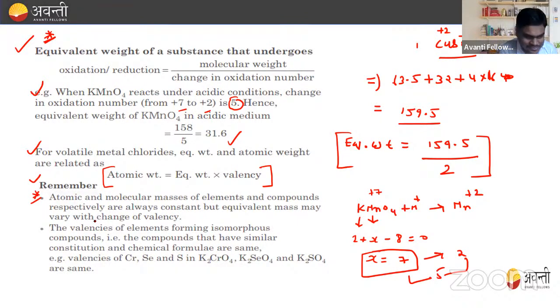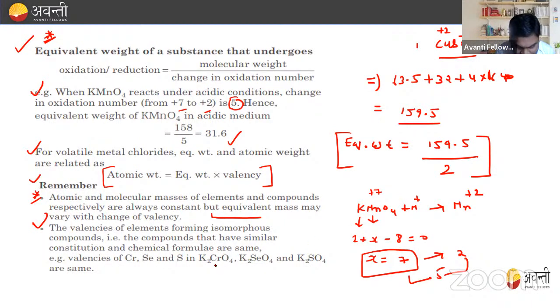Good. Now, the next one is the valency of the elements forming isomorphous compounds, that is, compounds that have similar constituents. What does this term isomorphous mean? Isomorphous means compounds that have similar constituents and the same chemical formula. For example, the valency of chromium, selenium, and sulfur are the same.